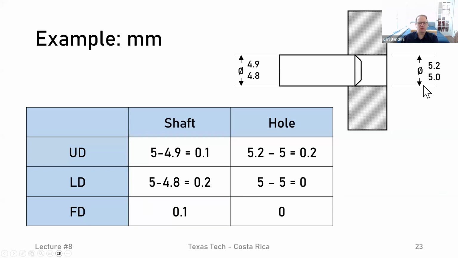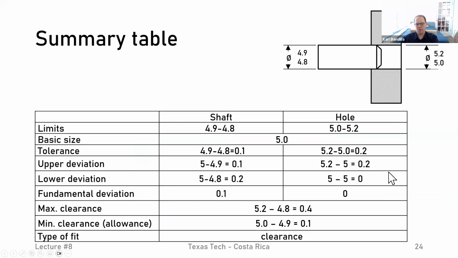And for the metric ones, we'll have something that looks a little more elaborate, but it goes the same way. And this is just the overall view of what we had. This is a summary of all we did: the limits, the basic size, tolerance, upper, lower deviation, fundamental deviation, and then the clearances and the fit, right? So that's all the stuff that we did.